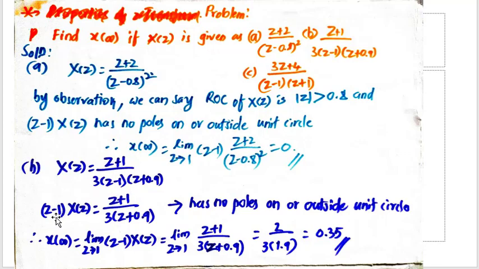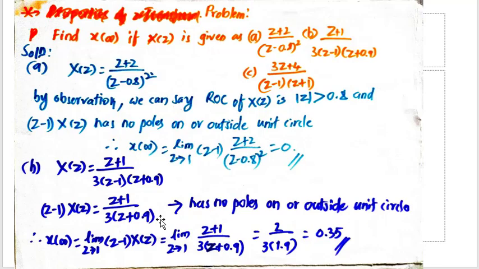That becomes z minus 1 times X of z equal to z plus 1 upon 3 into z plus 0.9. By looking at this, I can say there will not be any poles on or outside the unit circle, because the pole is at 0.9 only. If we equate this to 0, z will be at 0.9, so there are no poles on or outside the unit circle.